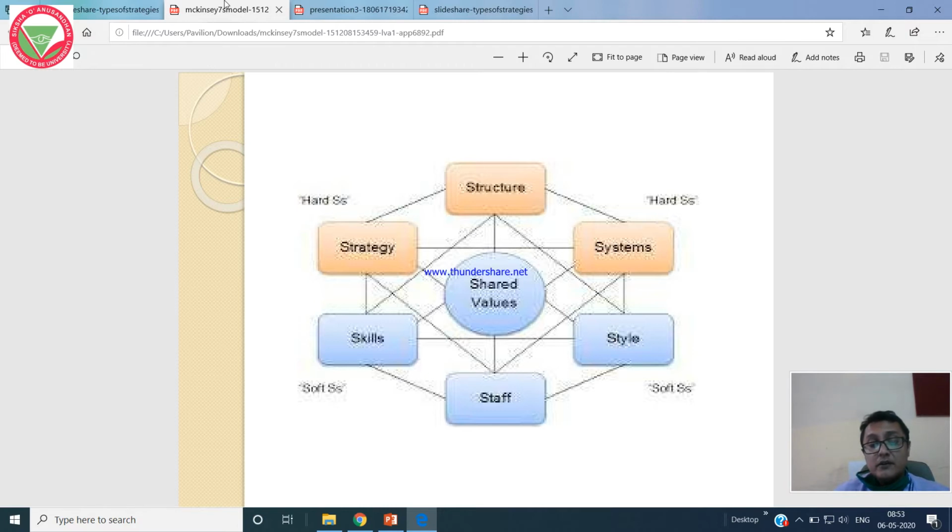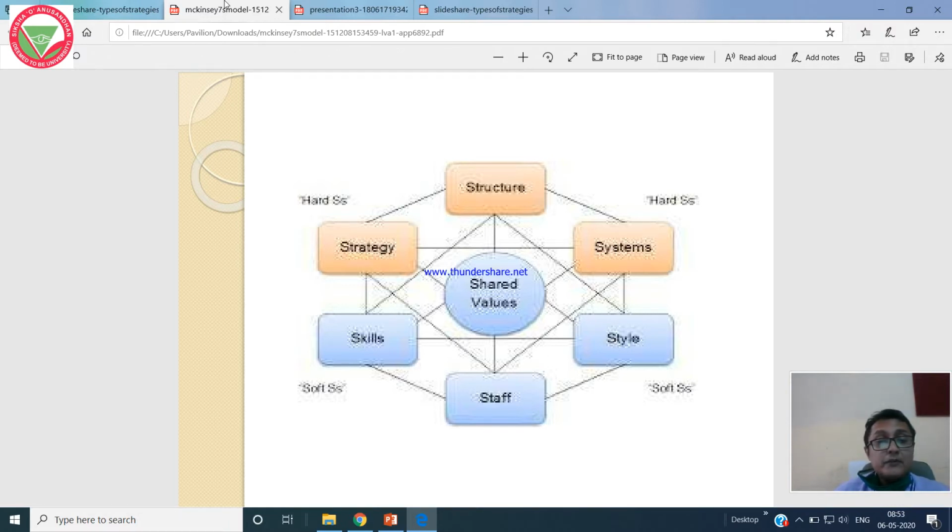Then comes the most important, staff. Staff represents the concept of human resources: how to select them, how to train them, how to motivate them, and more importantly, how to manage them in order to achieve the unthinkable, unimaginable in your business. Then skills.